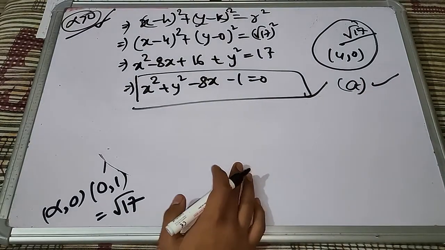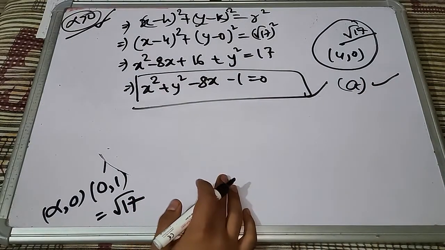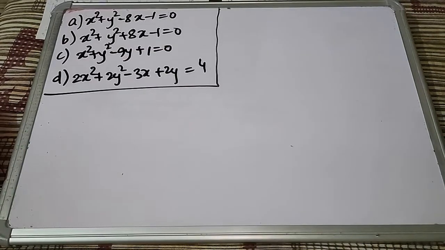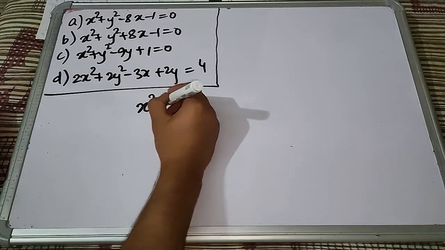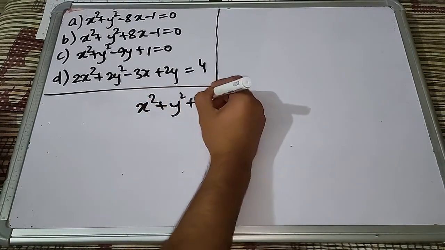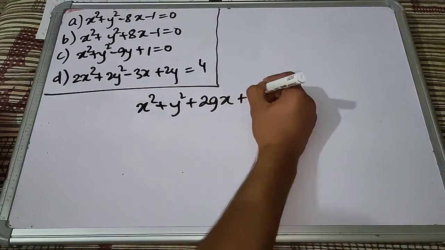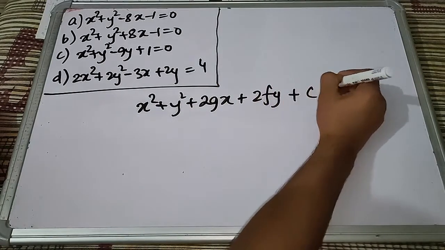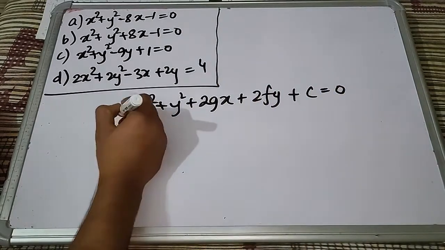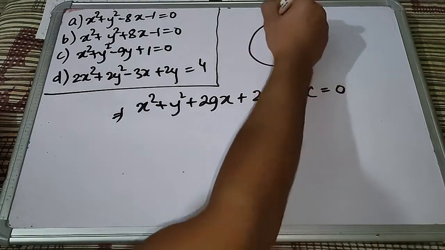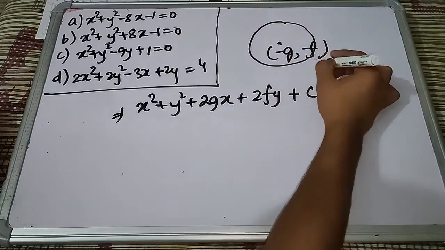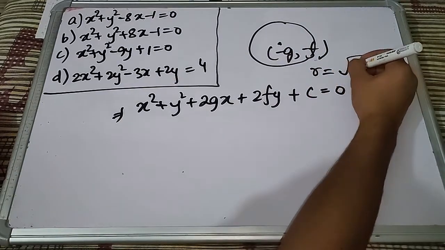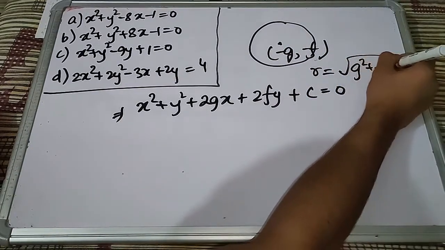This is one way to reach the solution, and I will show you another way. The standard way to represent any circle is x square plus y square plus 2gx plus 2fy plus c equals 0. For this, the circle has center (minus g, minus f), and the radius is root of g square plus f square minus c.